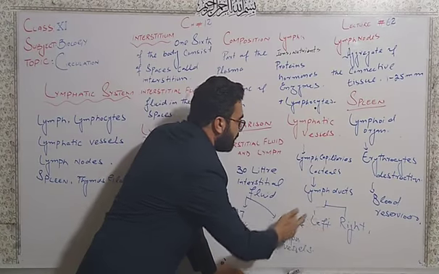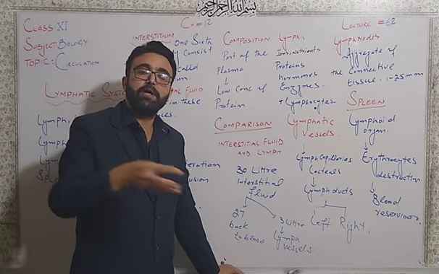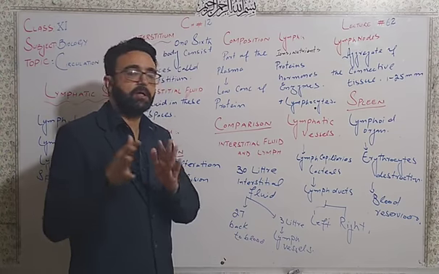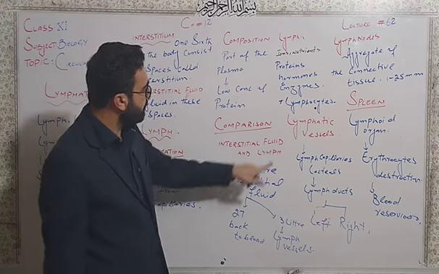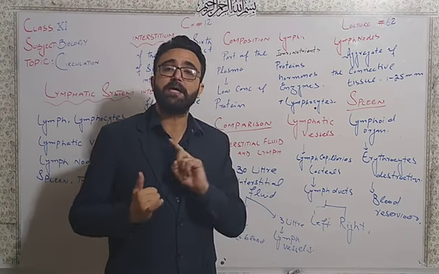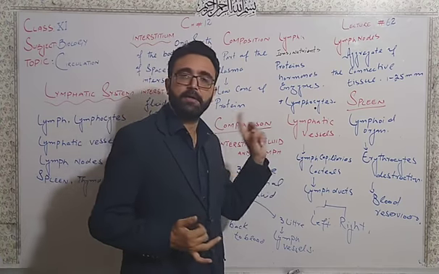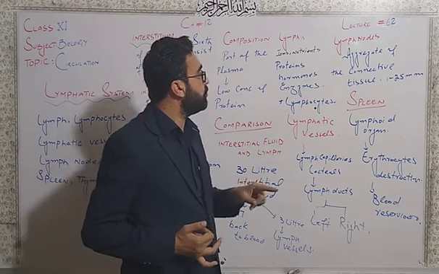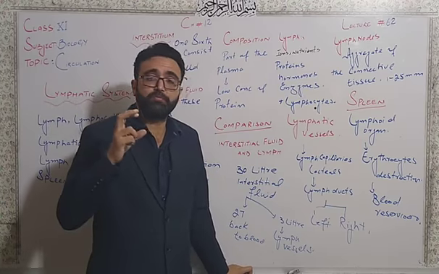And then it finally joins the left and right thoracic ducts, which open into the vena cava, throwing the lymph again into the blood. The lymph capillaries are comparatively more permeable than the blood capillaries.